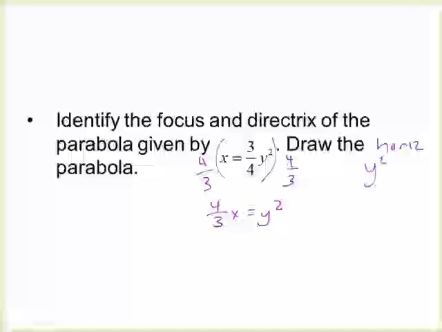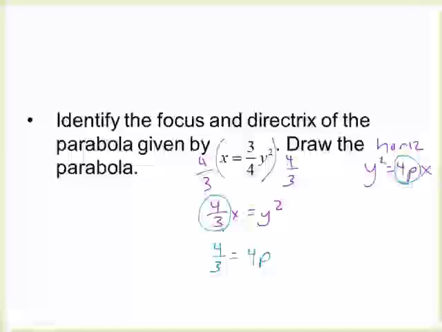The general form of the horizontal is y squared equals 4px. So whatever the coefficient of x is should be equal to 4p. So 4/3 equals 4p.